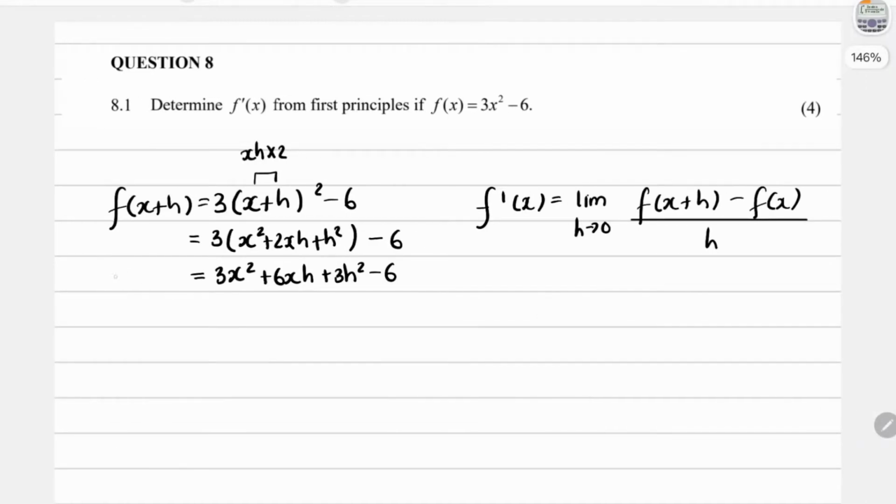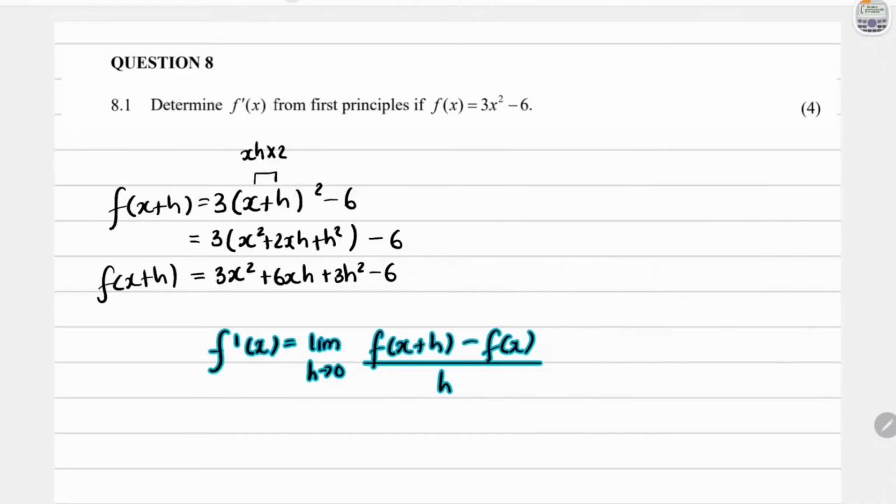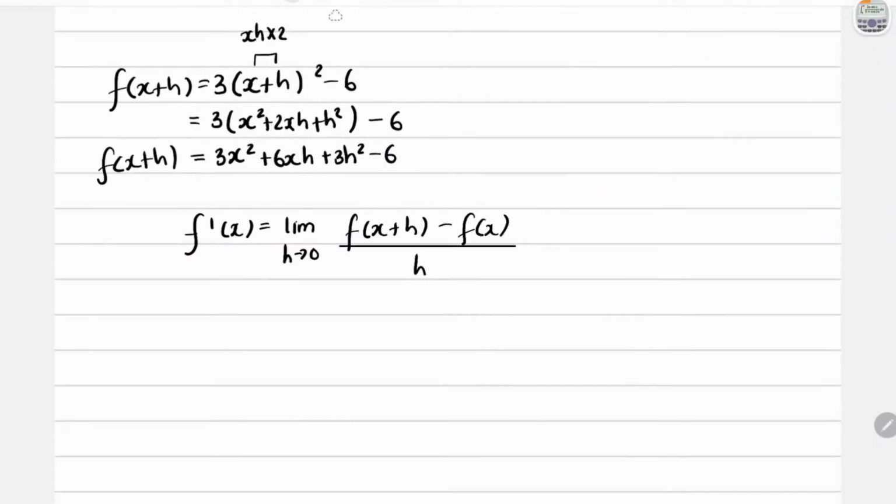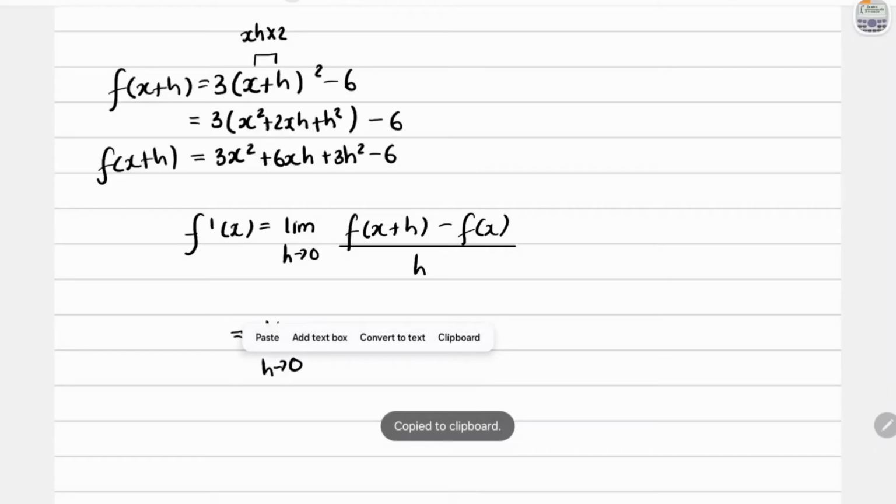Okay, so now that we have our f of x plus h, we can go ahead and substitute it into our formula. So this is our formula, and we say this is equal to the limit as h approaches 0, and substitute our value. We're just taking this whole thing that we have here and substituting it in place here.